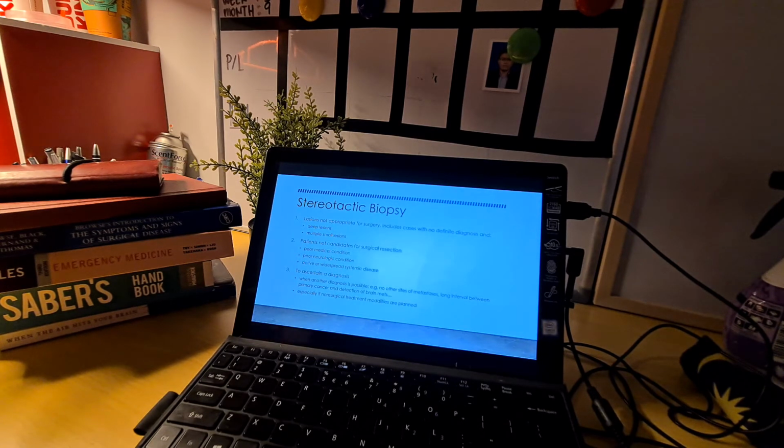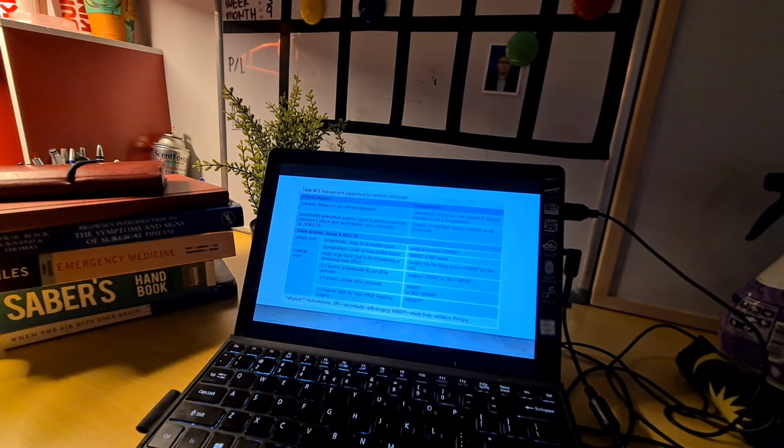So we need stereotactic biopsy. Also for patients not candidates for surgical resection, like poor medical condition, poor neurological condition, active or widespread systemic disease. To confirm the diagnosis when another diagnosis is possible, like no other site of metastasis, no interval between primary cancer and detection of the brain metastasis, especially if no surgical treatment modalities are planned, right? We need to know the diagnosis.